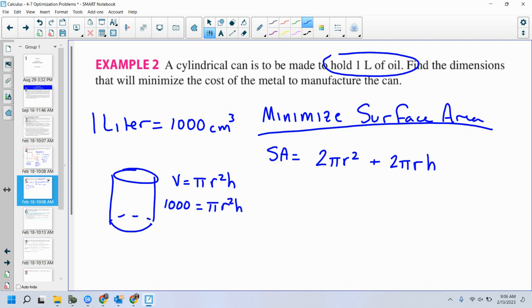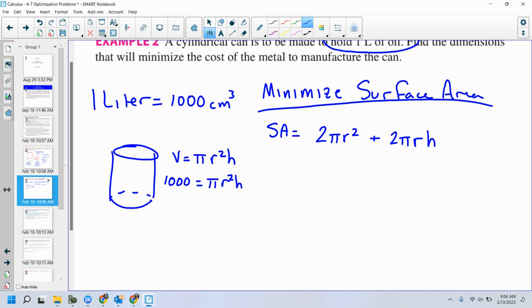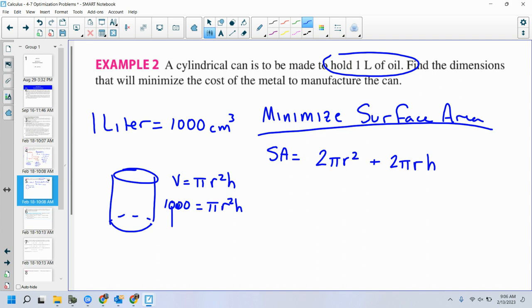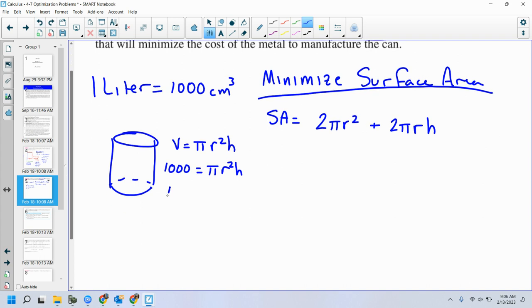Do I have an equation that I could solve for either r or h with? Yeah. What's the easier route to take? Solving for r or solving for h? Solving for h. Could I solve for r? Yeah, but then what would I have to do in the very last step? Square root. Ooh, no thank you. Let's just divide over the pi r squared. So 1,000 divided by pi r squared is going to be equal to h.